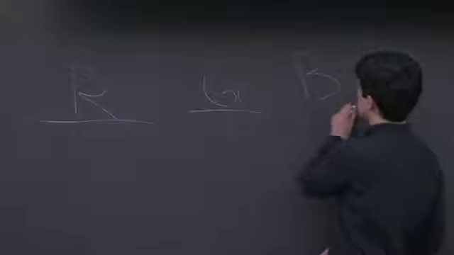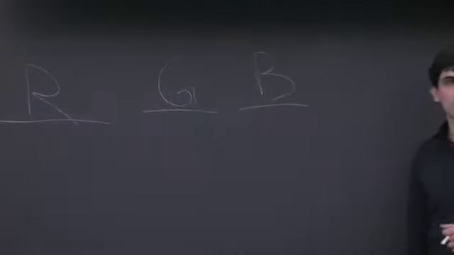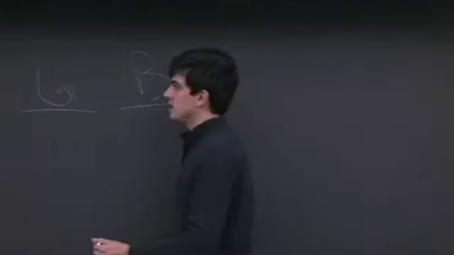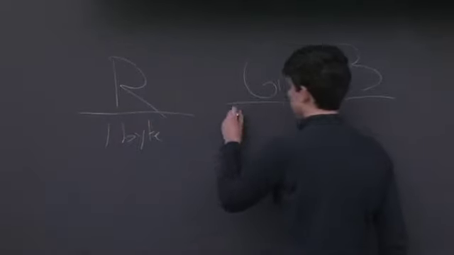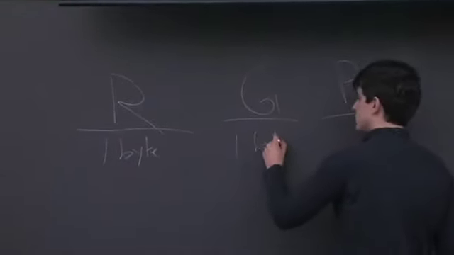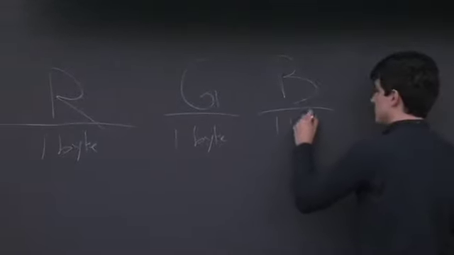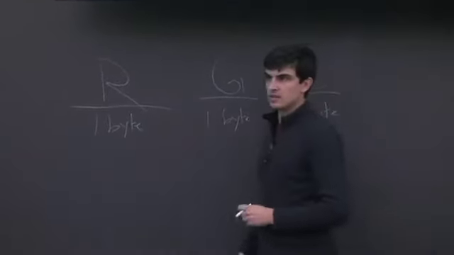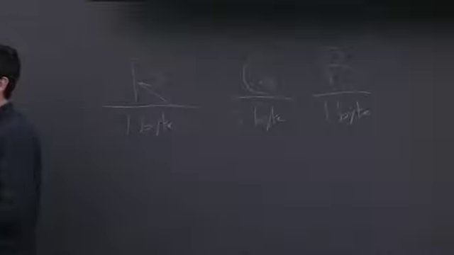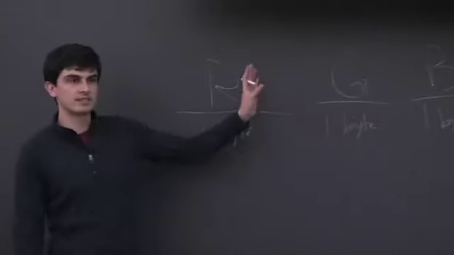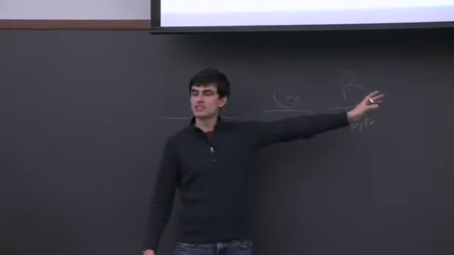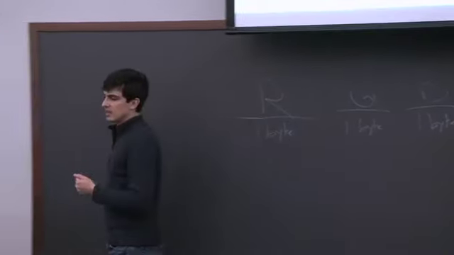So we have 3 components: a red, a green, and a blue component, and each one is allotted 1 byte of information. So for each of these 3 colors, we have 256 discrete values. This may not sound like very much, but remember, if you multiply 256 times 256 times 256, you get millions of different colors.